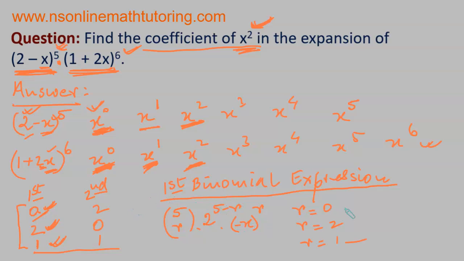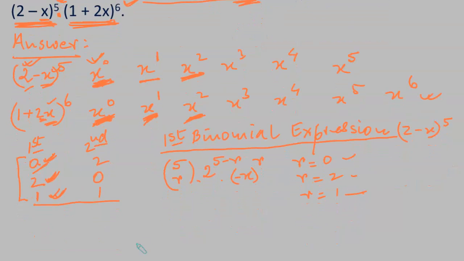So I have got the powers of r for the first binomial expression, which is (2 minus x) raised to the power of 5. Now coming to the second binomial expression, which is (1 plus 2x) to the power of 6.